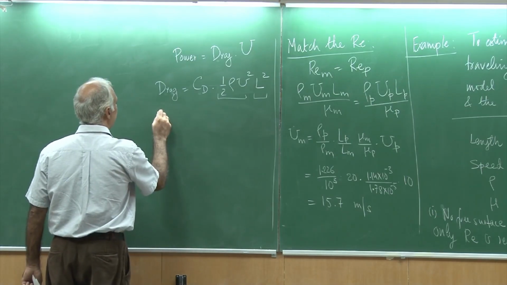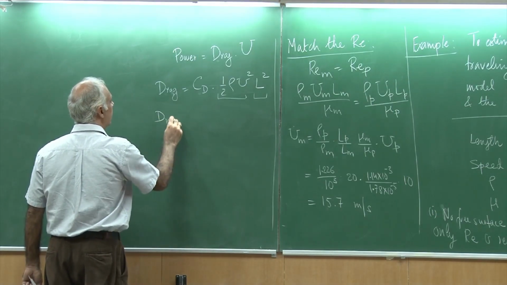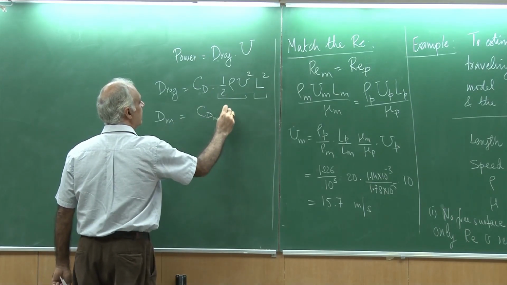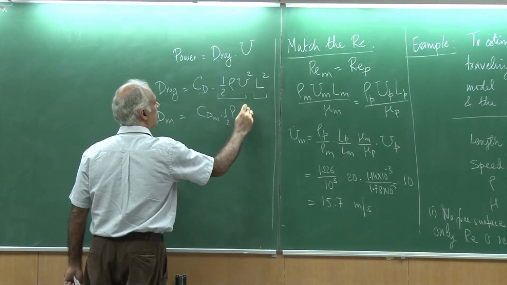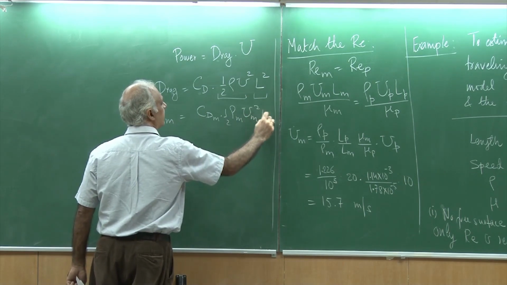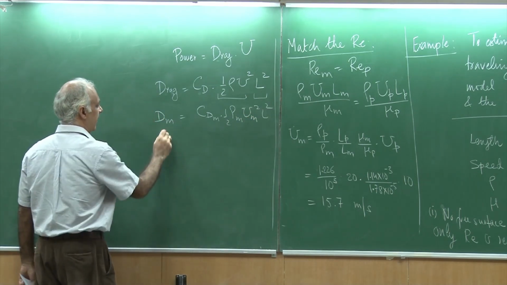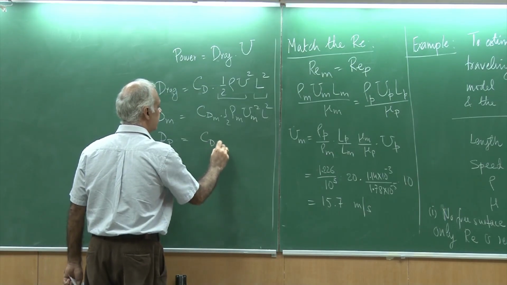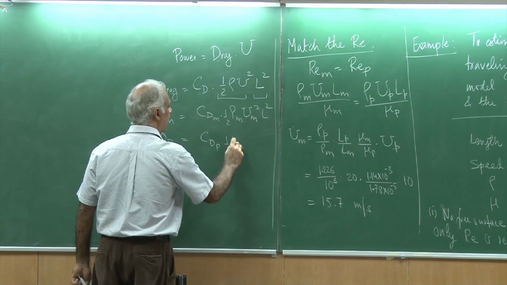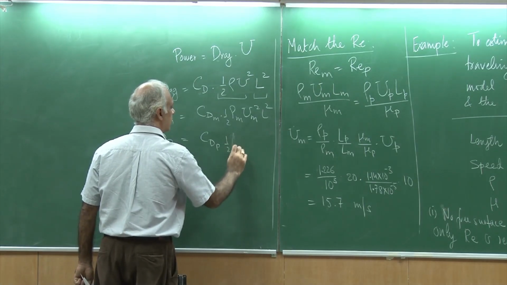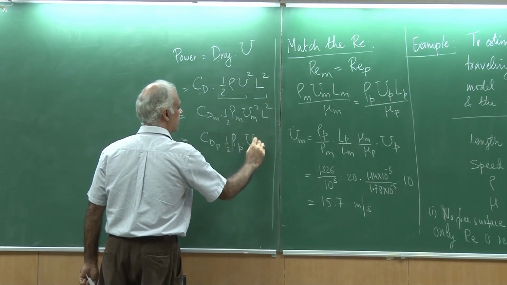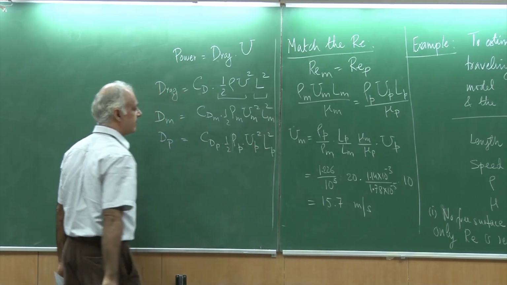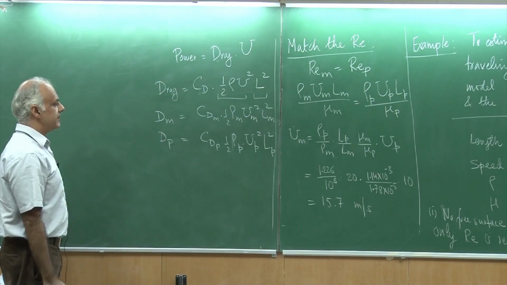So if I look at the drag on the model, that would be CD on the model times half rho model u model square L square. And if I look at drag on the prototype, then that would be CD for the prototype half rho prototype u prototype square and L prototype square. Okay.